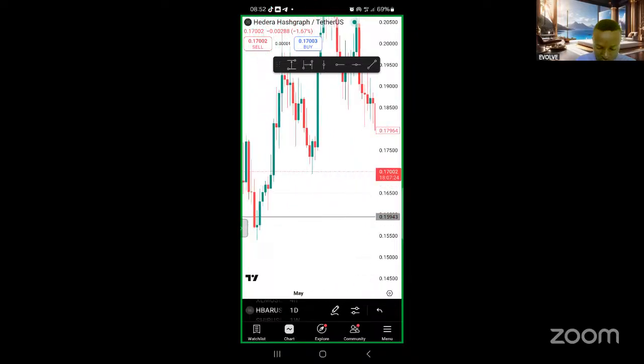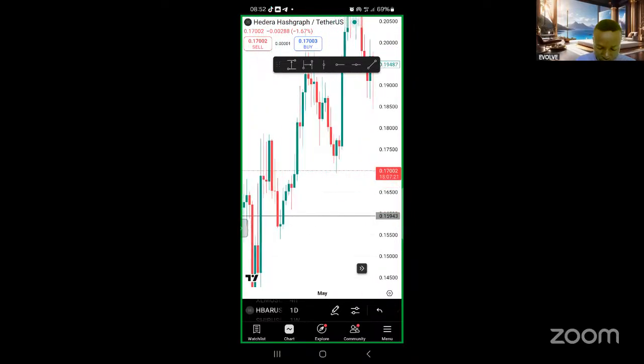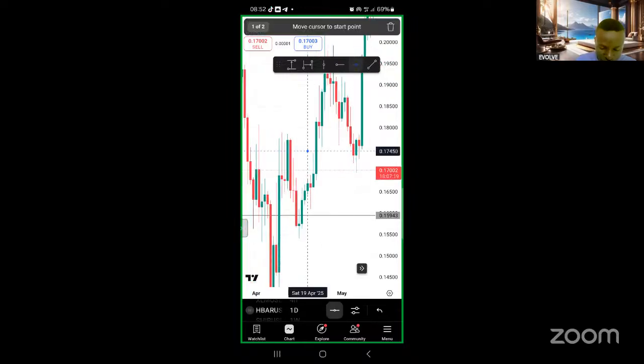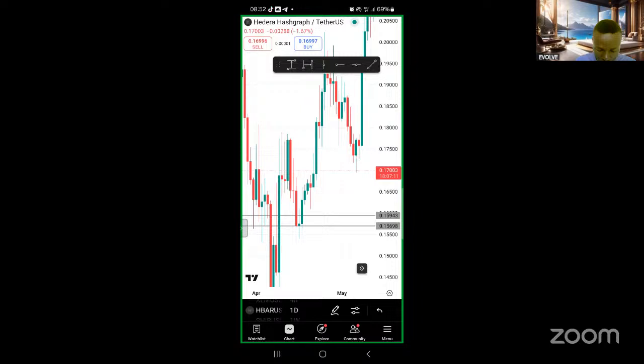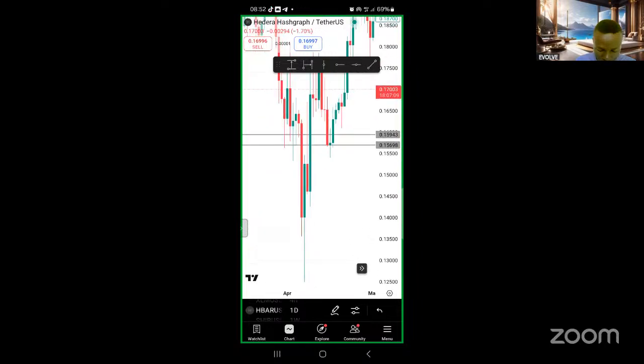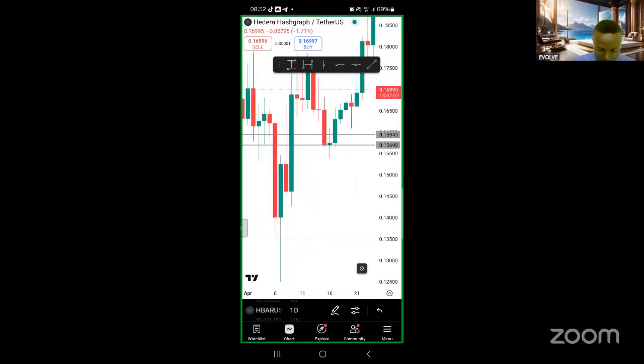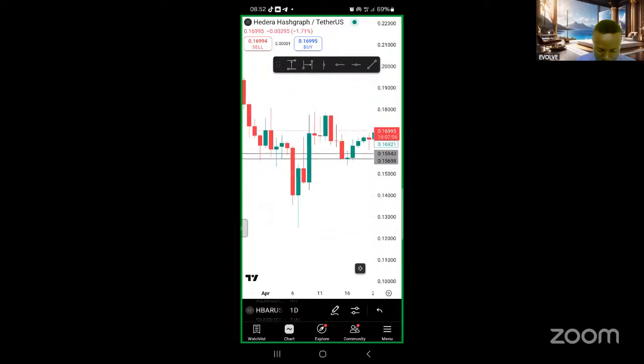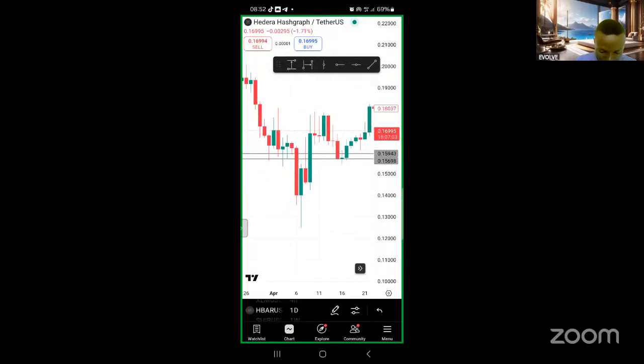Let's look for another support. We have another support here. It was at this point. Okay. We also have another support here. It went down. Should we take this one or this one? Let's take this one.